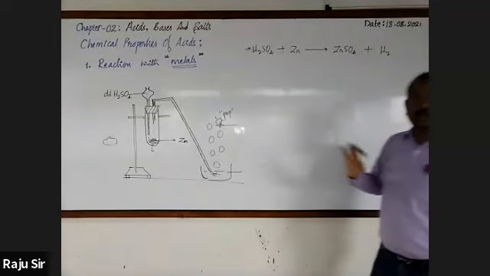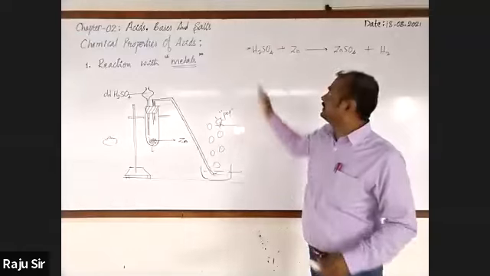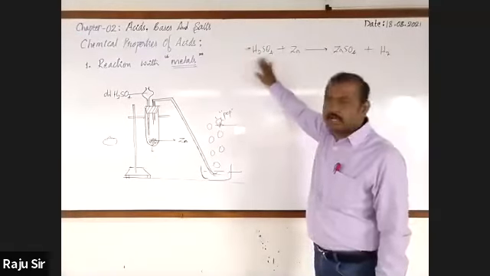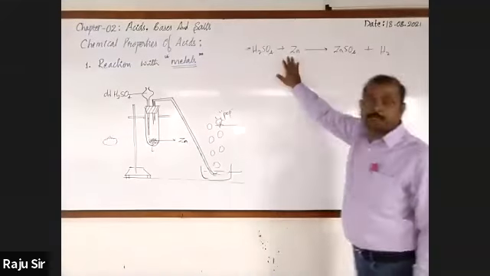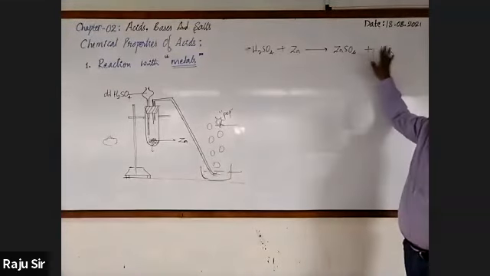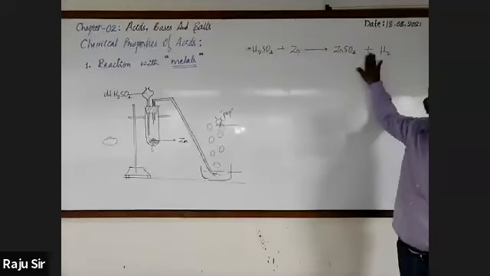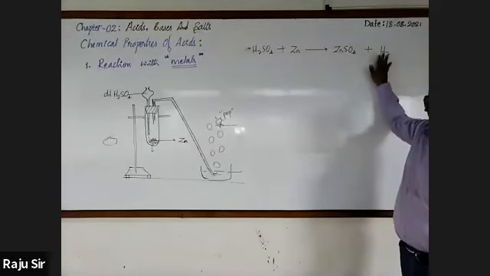Understood? Very simple. The conclusion can be drawn like this. When acid reacts with a metal, it produces salt with the liberation of hydrogen gas.